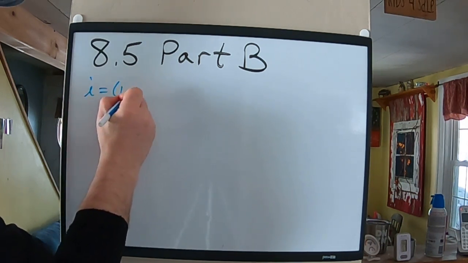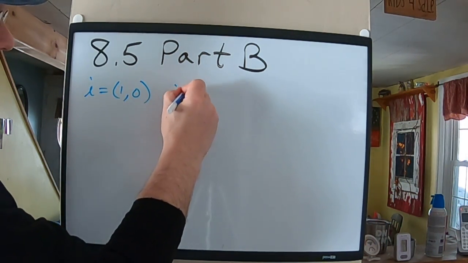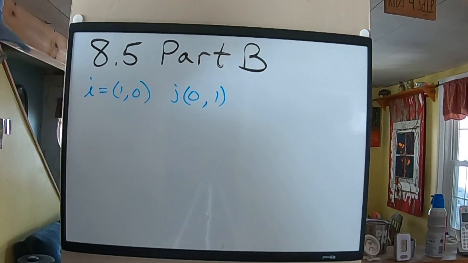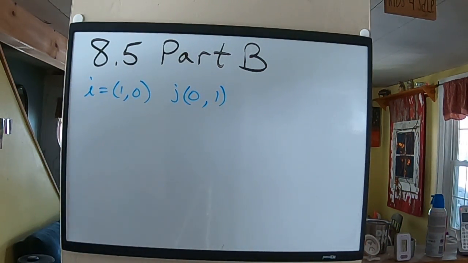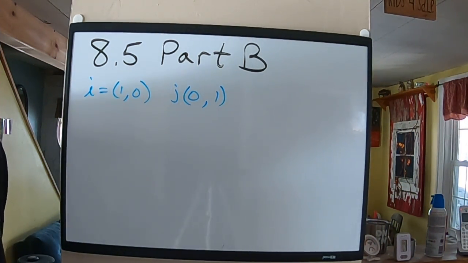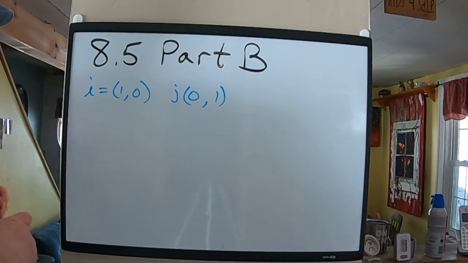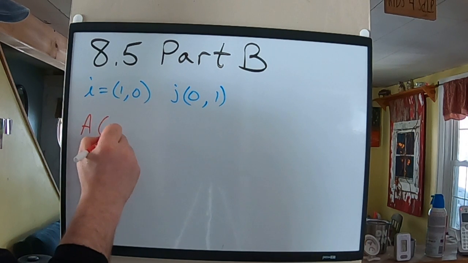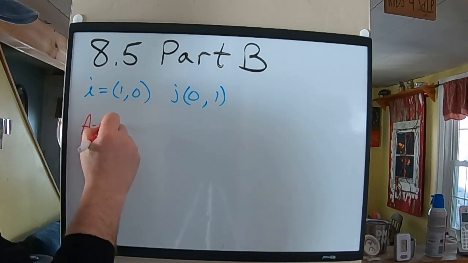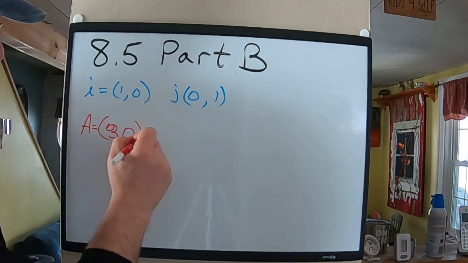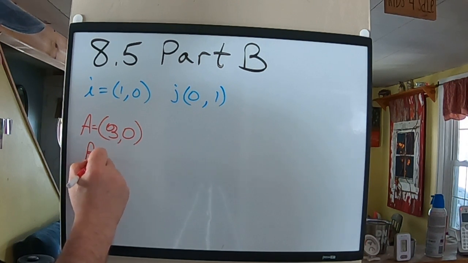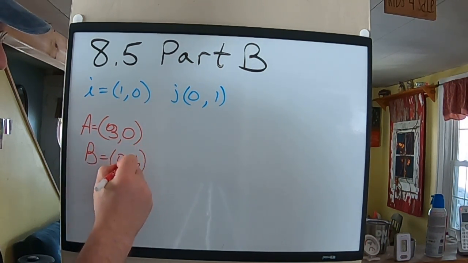I is 1, 0, J is 0, 1, and they want you to take A and B. A is 3, 0, and B is 0, 6.